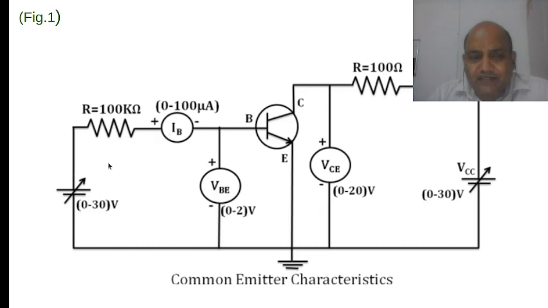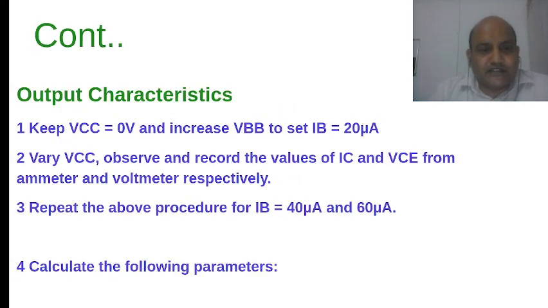To fix IB, you have to fix VBB also at a certain value, for 10 microampere, 20 microampere. For all the readings, you have to generate some value. So that is the process.